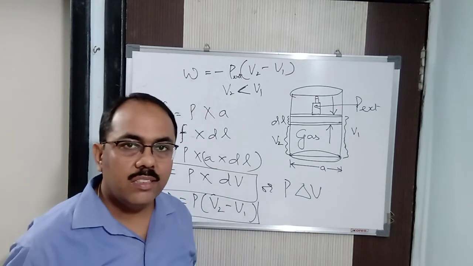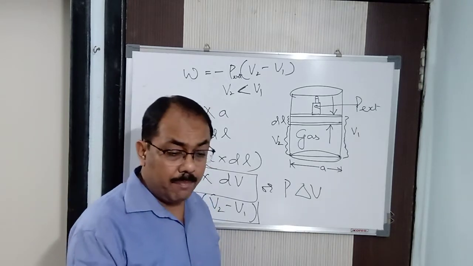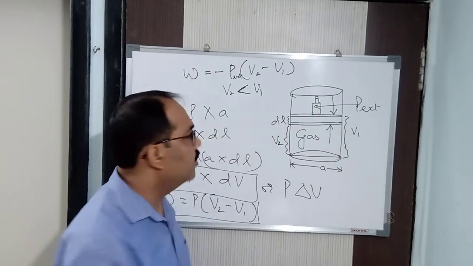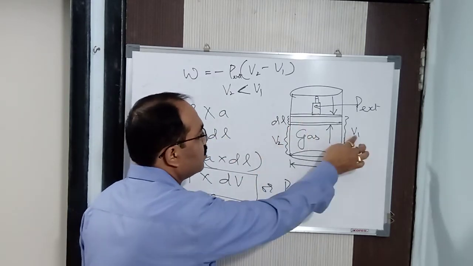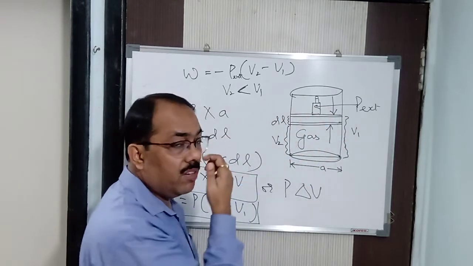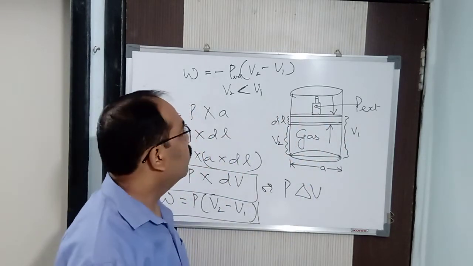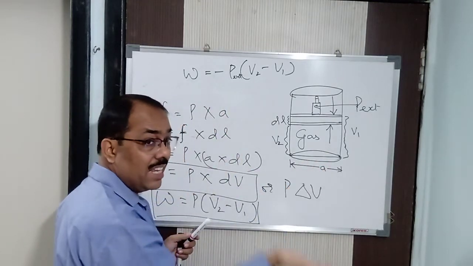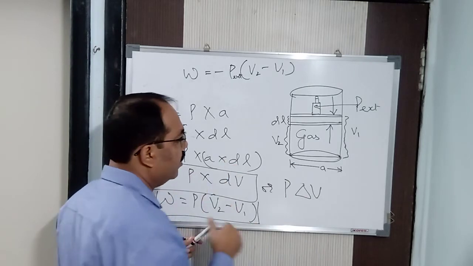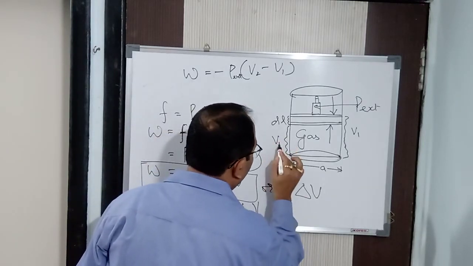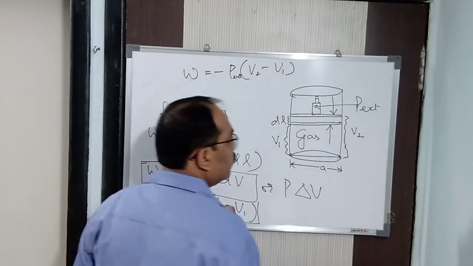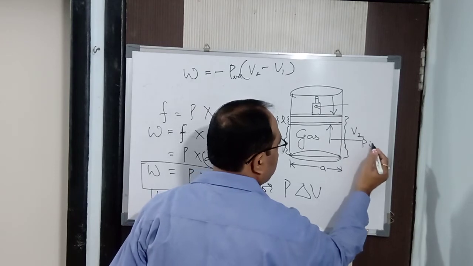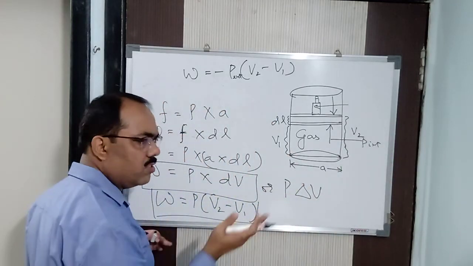The reverse is the case in expansion. When the work is done by the system, this will be your V1 and this will be your V2, so V2 will be greater than V1. Understood? In this case, I said the work done by the system is negative. How is it negative? At that time, I am not going to consider the external force; I am going to consider the internal pressure, because the work is done by the system.